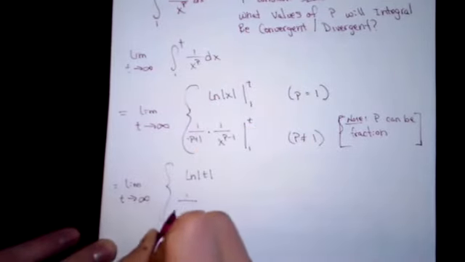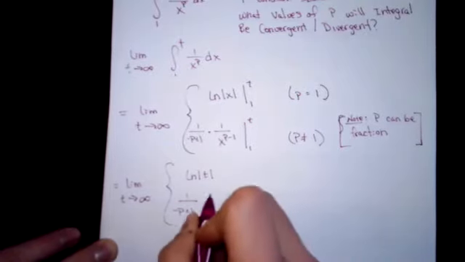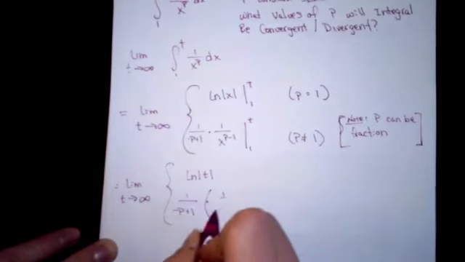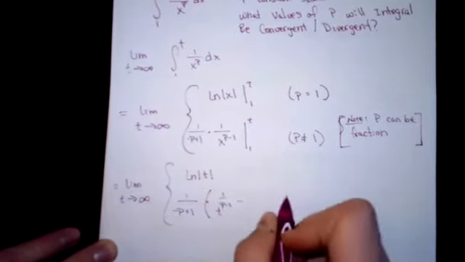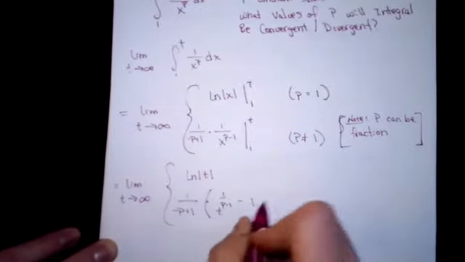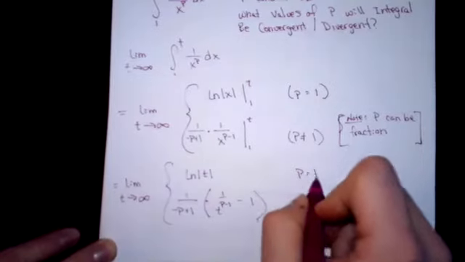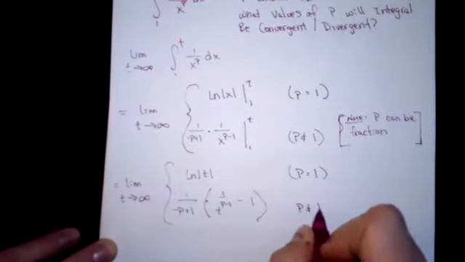We've got 1 over minus p plus 1 times, let's go ahead and evaluate everything. So we've got 1 over t to the p minus 1 minus 1. And again, these were our cases, p equal to 1 and p not equal to 1.